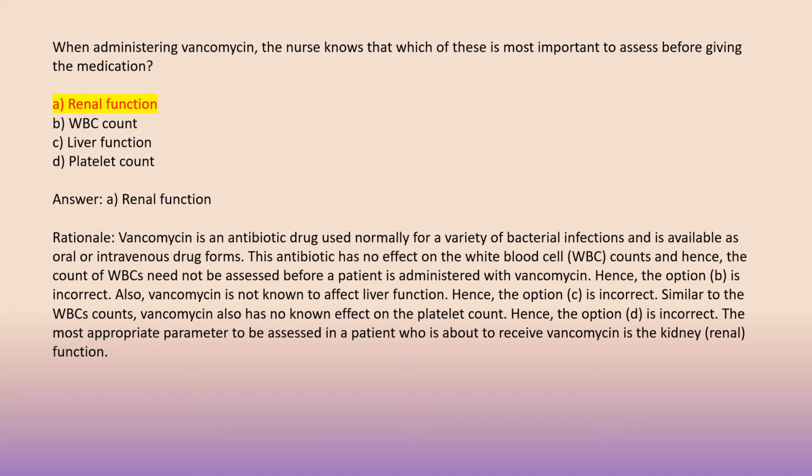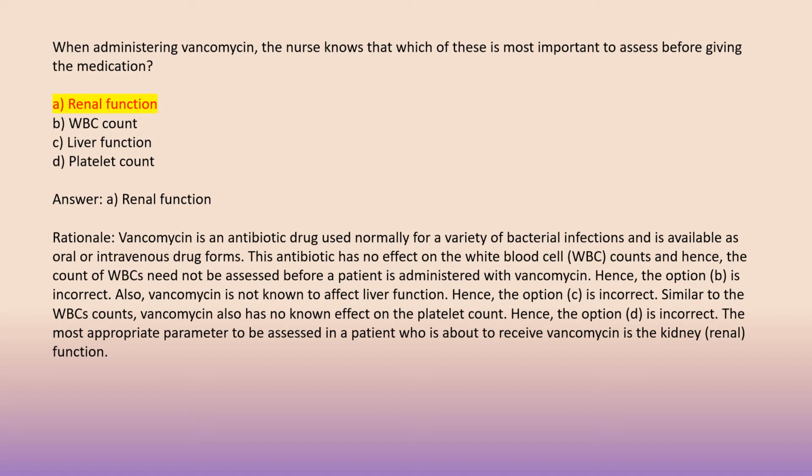Answer. A. Renal function. Rationale. Vancomycin is an antibiotic drug used normally for a variety of bacterial infections and is available as oral or intravenous drug forms. This antibiotic has no effect on the white blood cell, WBC, counts, and hence, the count of WBCs need not be assessed before a patient is administered vancomycin.